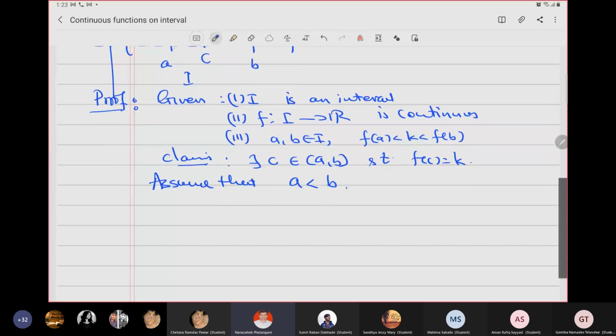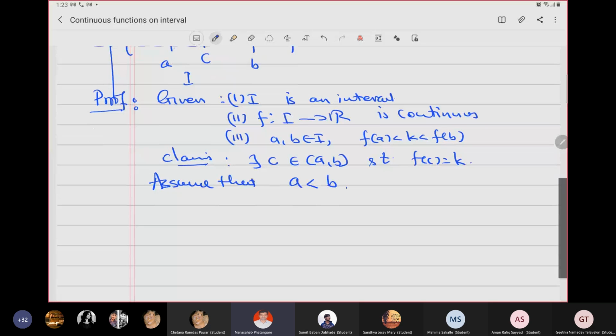Suppose a is less than b. Then can I say that f is continuous on the closed interval a, b? See the figure. The function is continuous on the bigger interval I, and a and b are some points, and then look at the interval a to b.